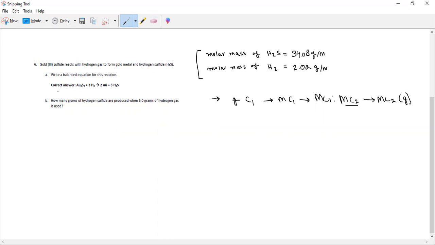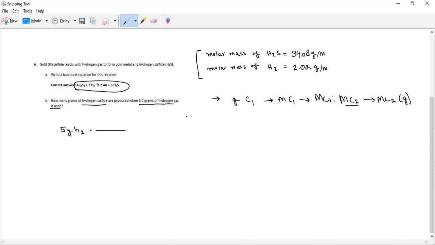So, this question gives us a balanced chemical equation. And it says how many grams of hydrogen sulfide are produced when 5.0 grams of hydrogen gas is used. So your starting point is 5 grams of hydrogen gas, which is H2.